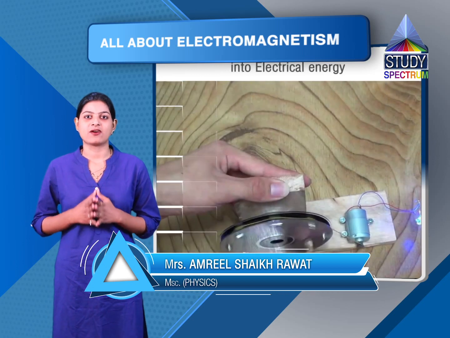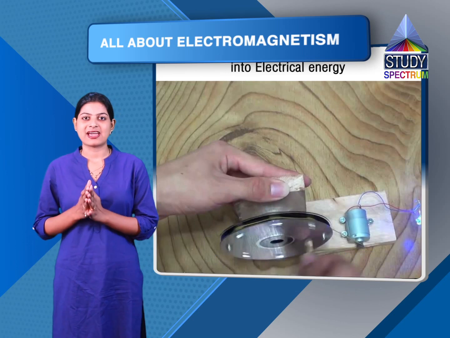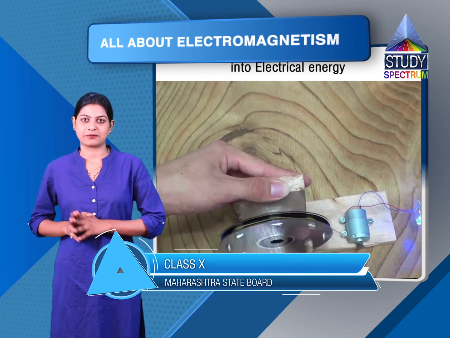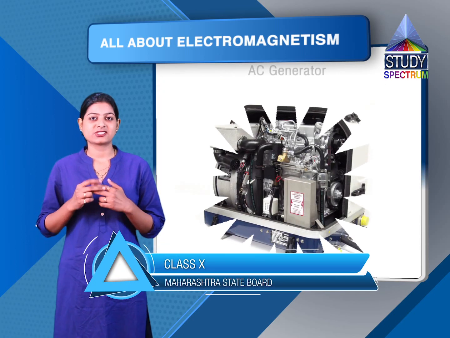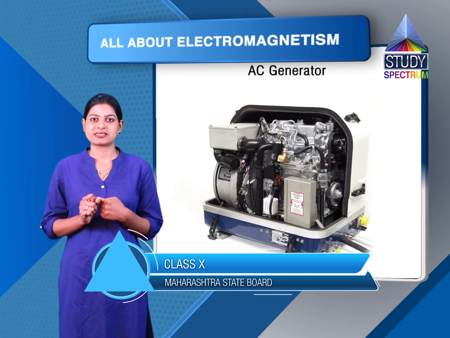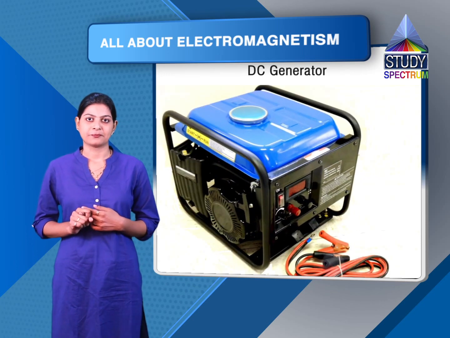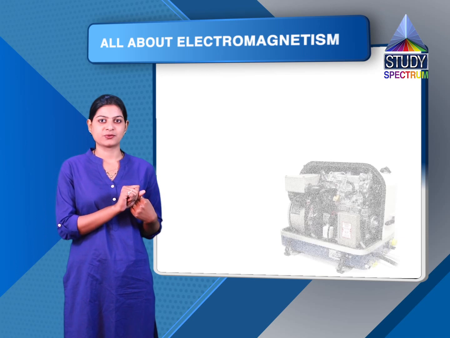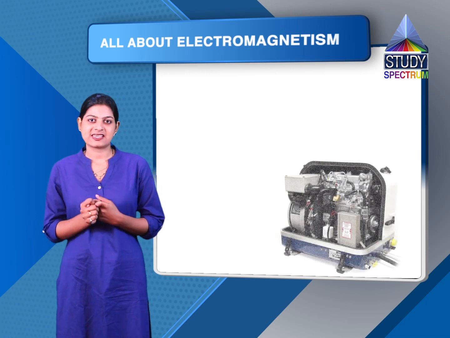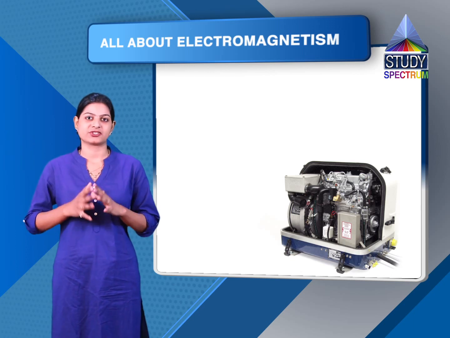In other words, we can say that the reverse effect of an electric motor is a generator. There are two kinds of generators: one which produces alternating current and the other which produces direct current. The alternating current generator is the same as the electric motor; we are just reversing the working of an electric motor.